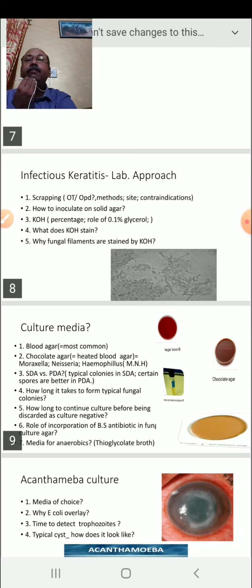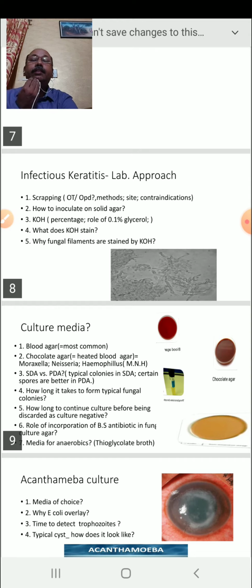In the OPD itself, we usually do scraping under the slit lamp after putting fluorescent dye onto the patient's eye, and then we anesthetize the ocular surface by putting a drop of proparacaine hydrochloride. Now with the help of a Bard-Parker blade number 15, the blunt side, we take the scraping samples.